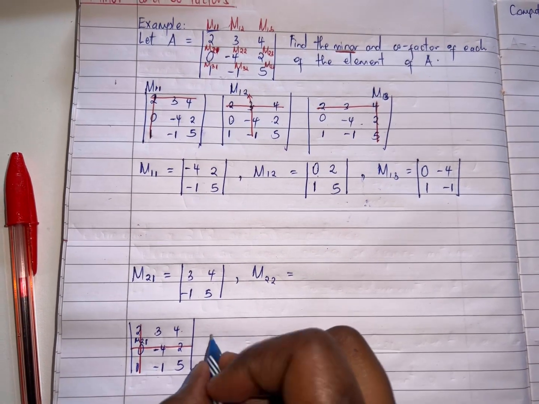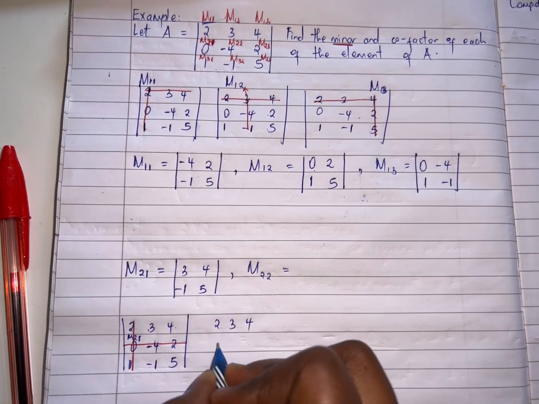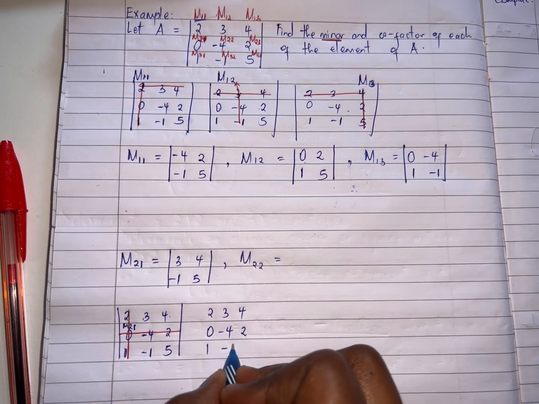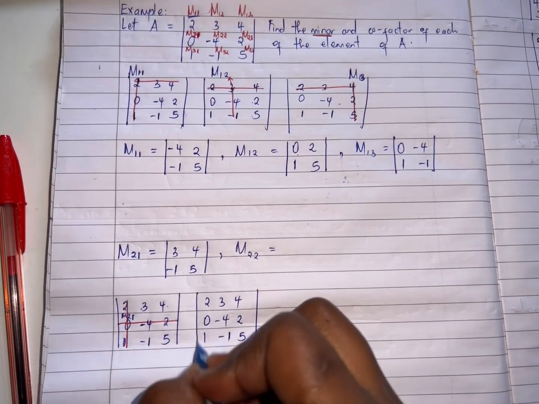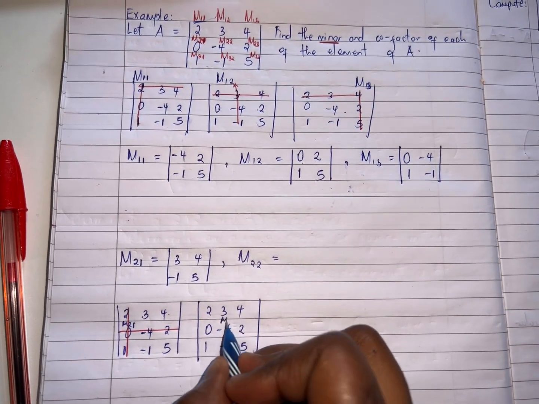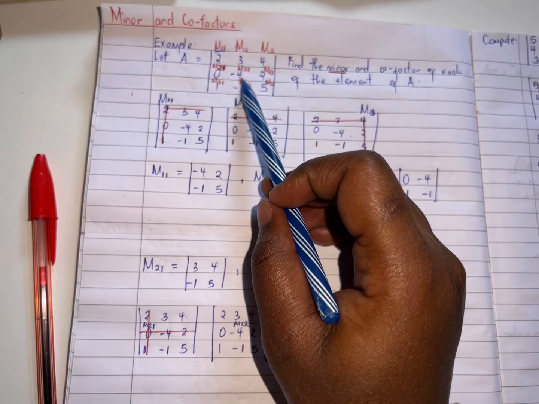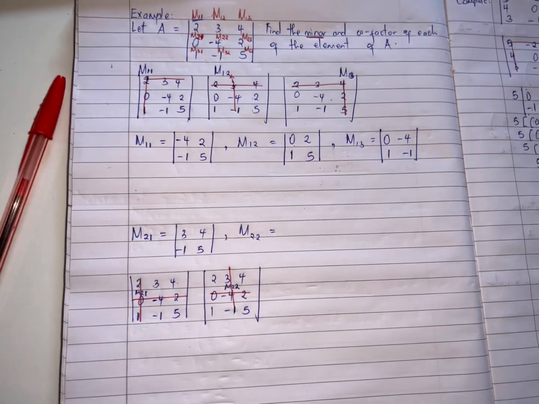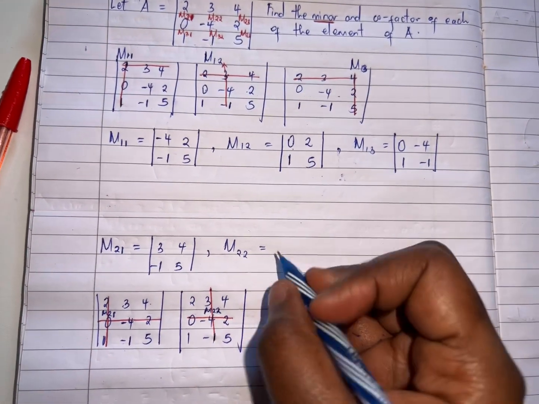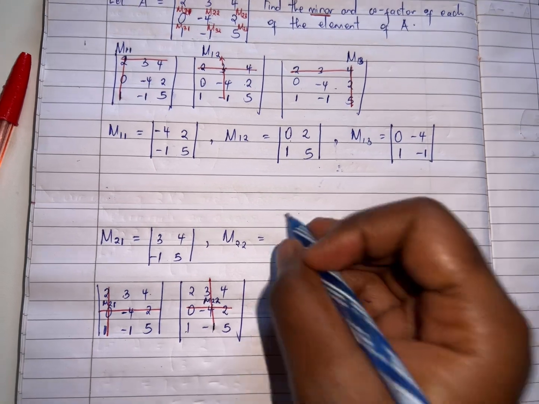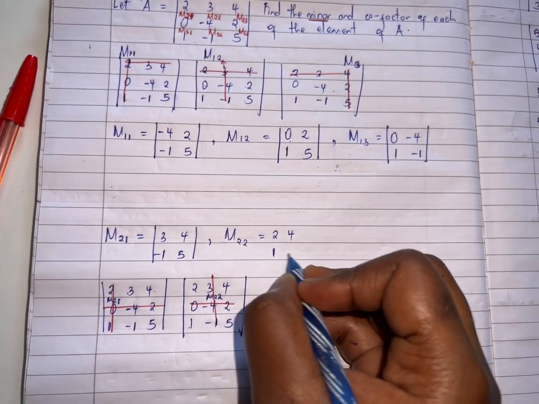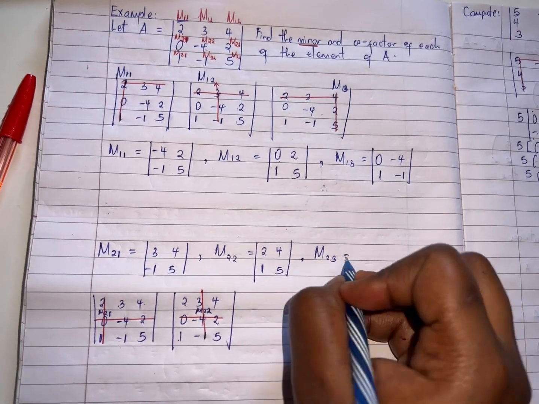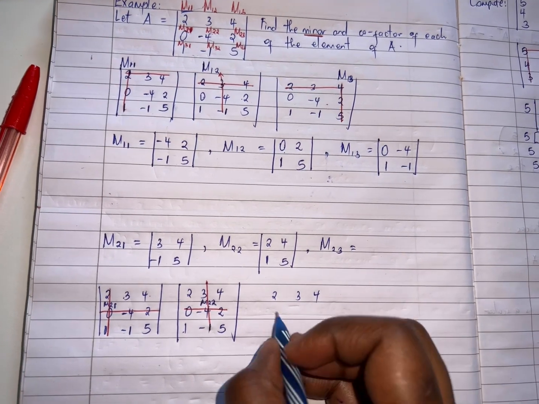We do the same. Let me rewrite. So you're going to cancel the row and the column where M22 is. So we're going to have 2, 4, and 1, 5. As you can see, up to here, no values are the same. And that's how it's supposed to be.